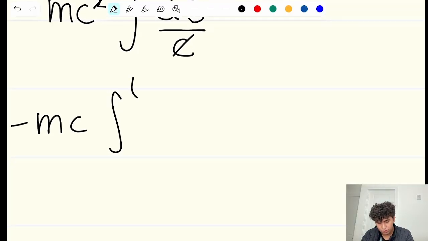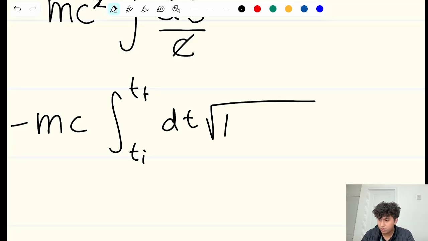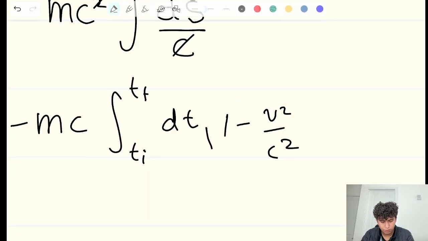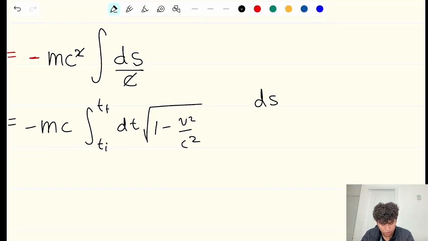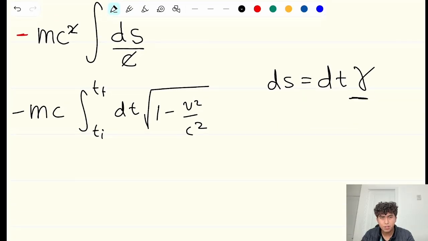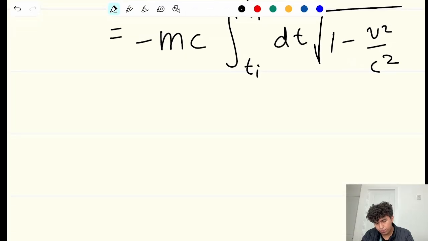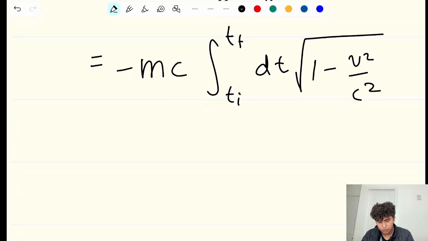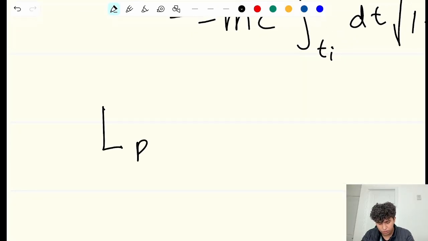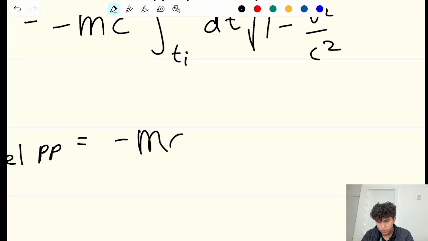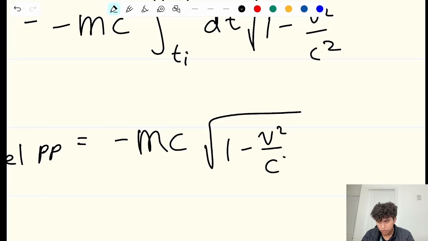And if you remember from last lecture, we can also rewrite ds as dt times the Lorentz factor, and the Lorentz factor has this form. Cool. So ds is going to equal dt times gamma. Okay, cool. So from here we can just read out that the Lagrangian for a relativistic point particle is going to be equal to minus mc² square root of 1 minus v² over c².